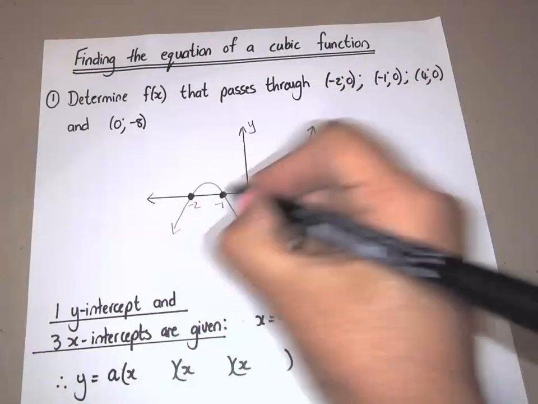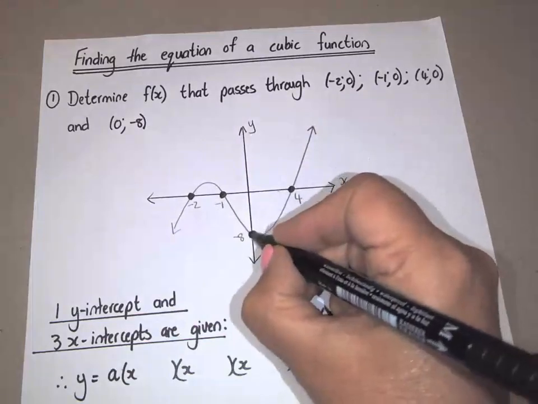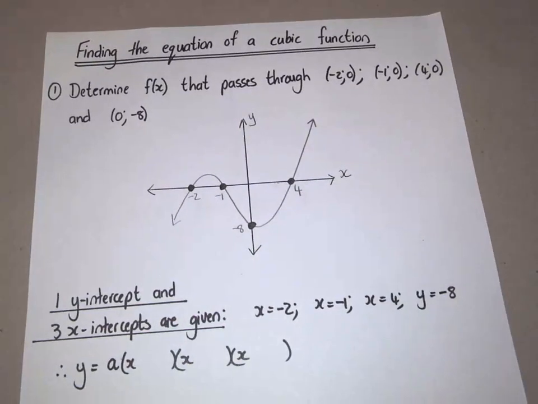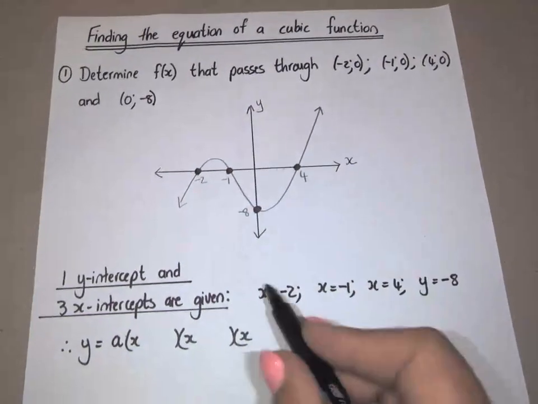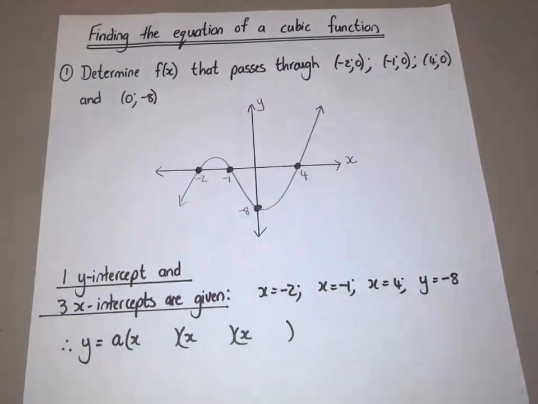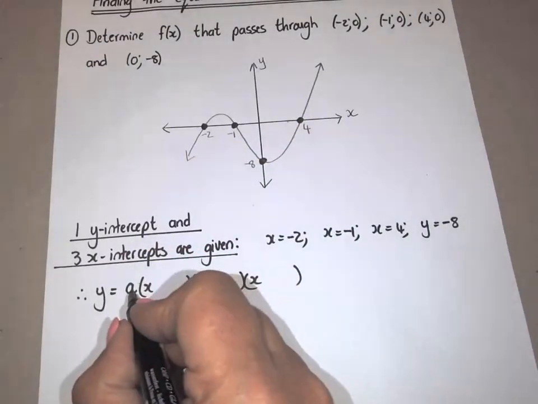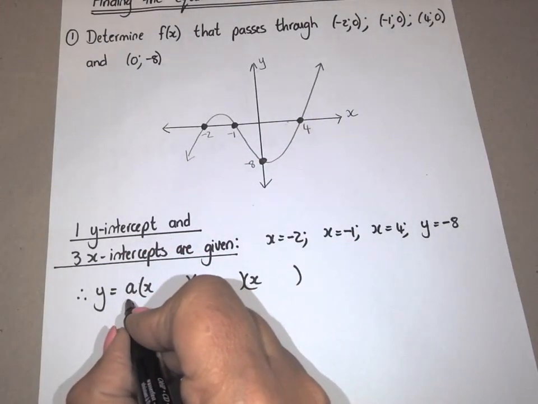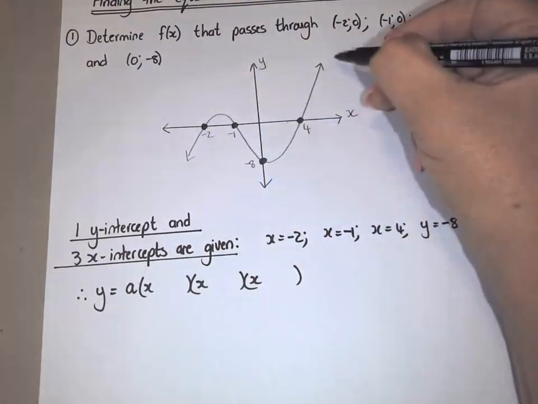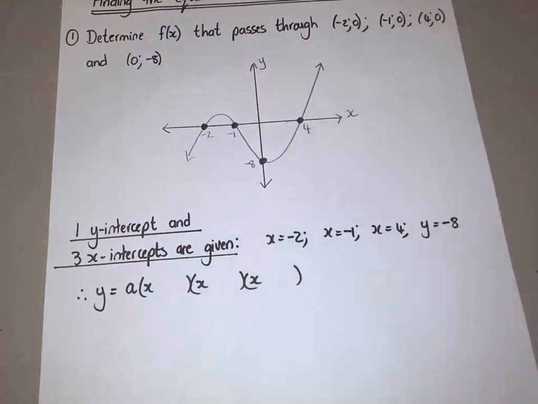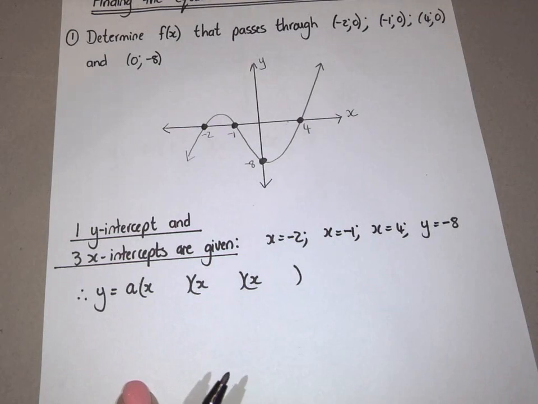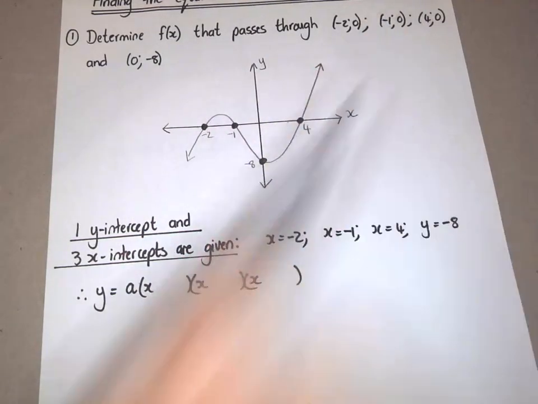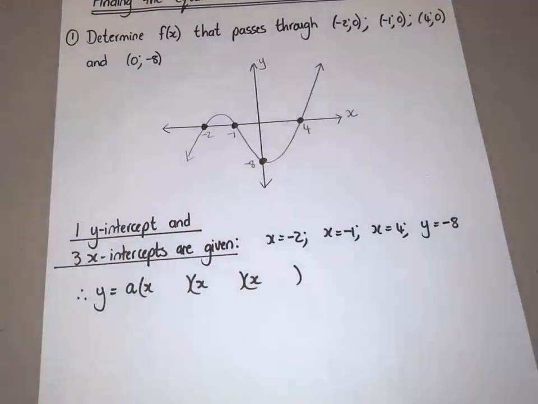We put in our 4 points on the graph, and now we're going to use these three x-intercepts in our standard format. We don't know what a is yet. We assumed that it is a cubic function, a positive one, but after we have worked out a, we can change the form if it's not positive. So let's start.